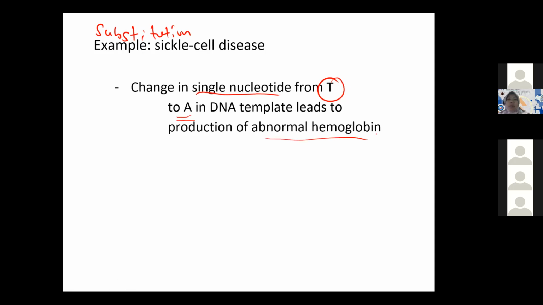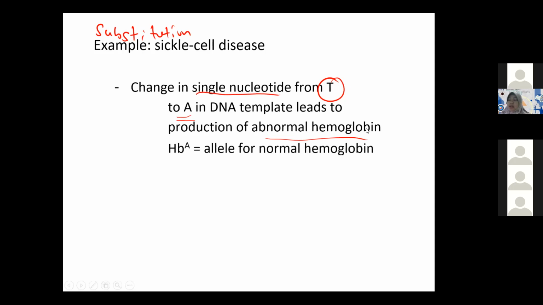Okay, sickle cell happens when single nucleotide T is changed into A in the DNA template that leads to production of abnormal hemoglobin. So you can just imagine, only the change or substitution of one nucleotide caused the hemoglobin to change its shape, right? Berubah terus bentuk hemoglobin.